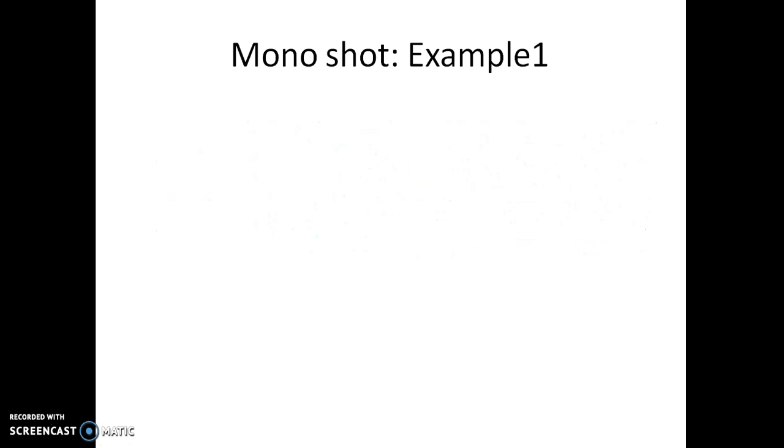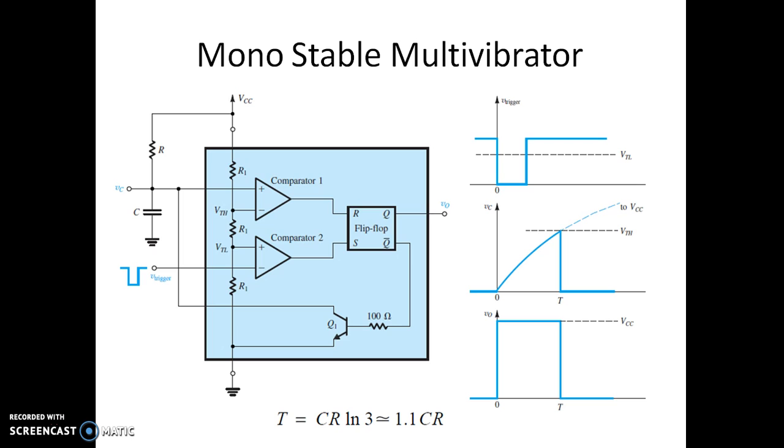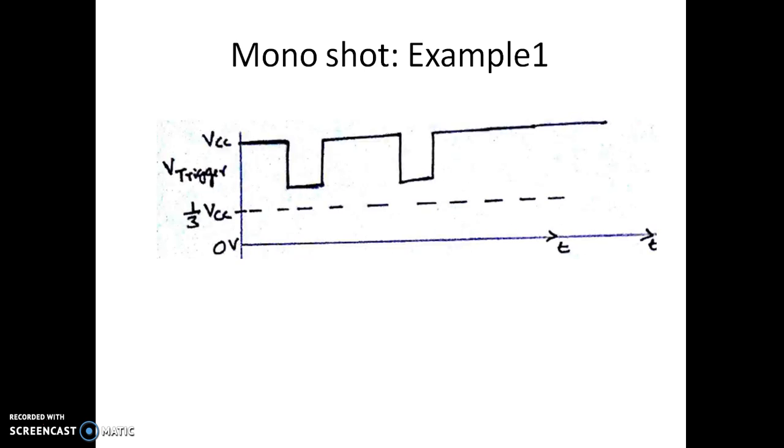We know from the detailed discussion in the previous videos that if the voltage here is not going below VTL, this comparator will never become 1. When this comparator is not becoming 1, the output will remain in the previous state of 0, meaning the output will never go to the quasi-stable state.